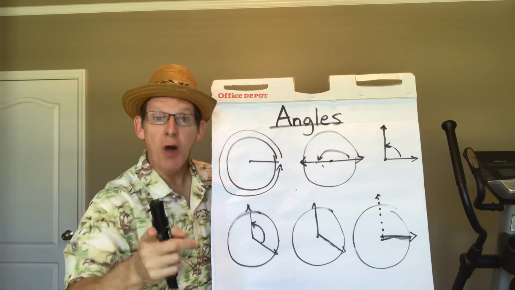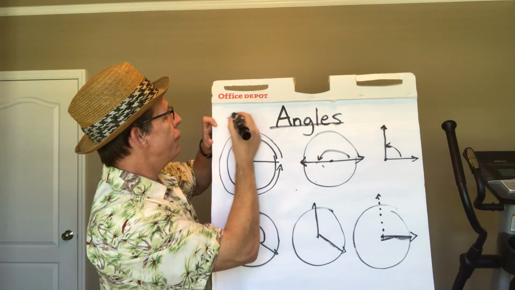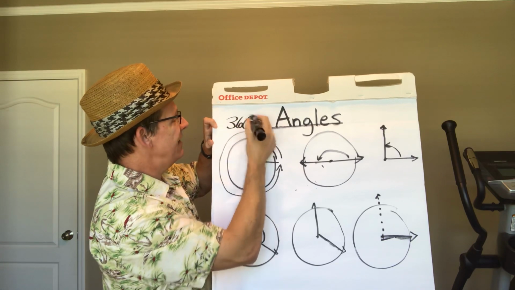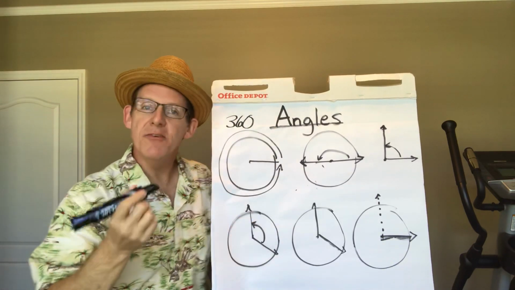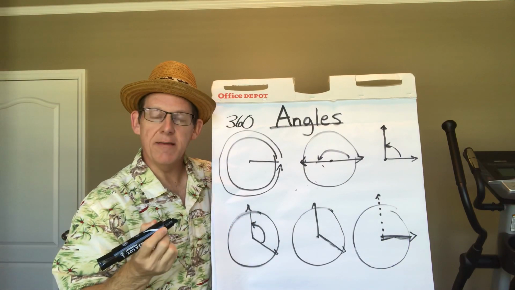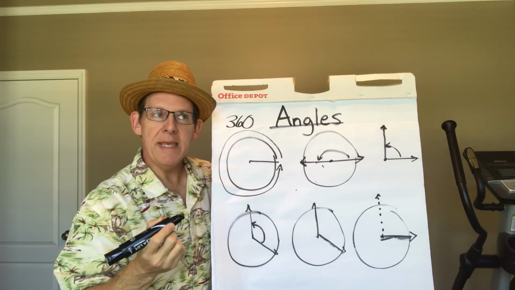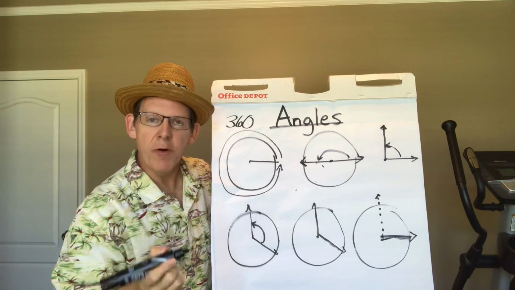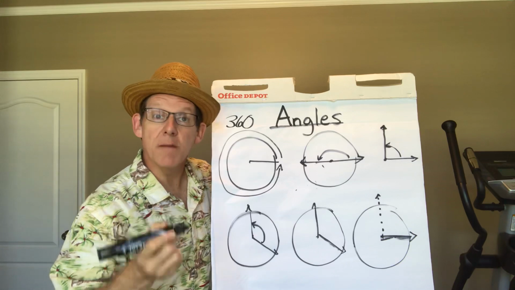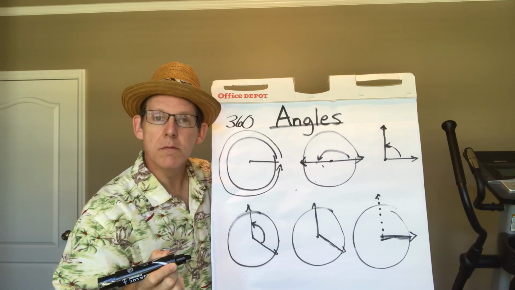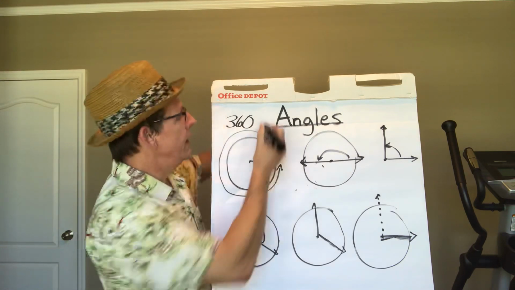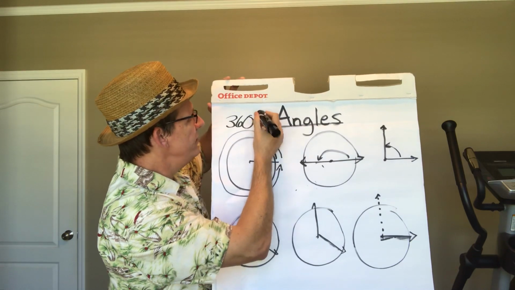Yeah, it's called a 360. And there's another thing we put with the 360. It's the same word as something we use when we talk about temperature. Degrees, you're right. 360 degrees.